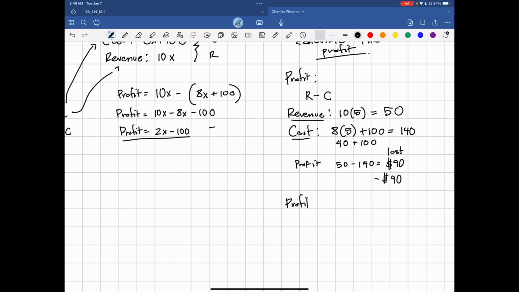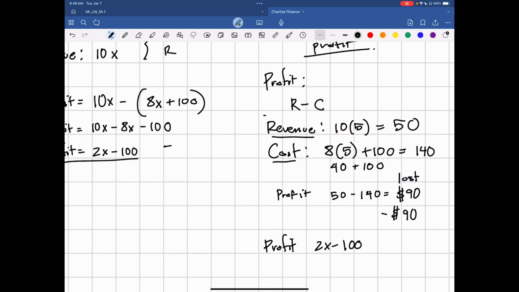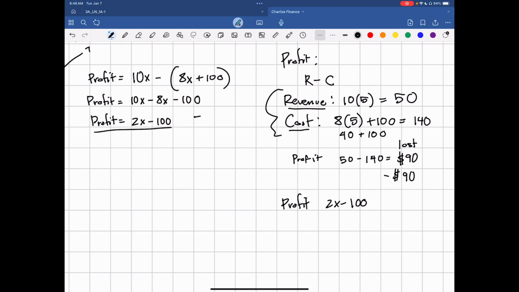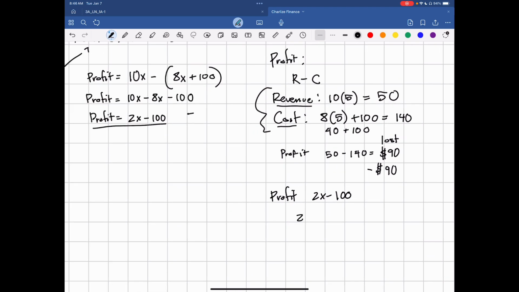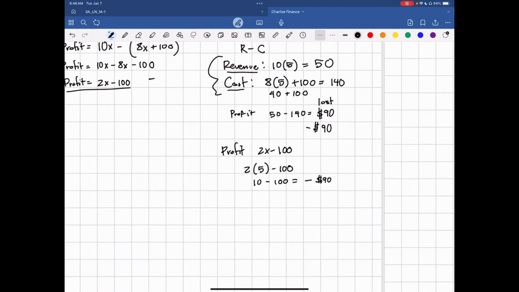So if I used this equation, the 2x minus 100, I'm taking away all of these steps and just using this as my general profit equation. I do 2 times 5 minus 100. 10 minus 100 is again negative $90. And so it is the same answer.